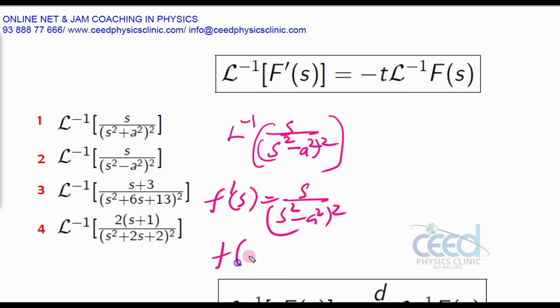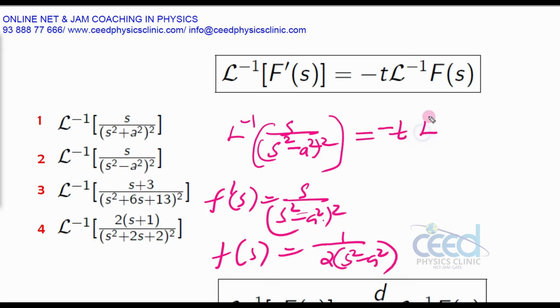So f of s, when you are integrating, the same thing, s square minus a square you can take as t, then 2s dt. So minus 1 by 2 only, there is a sign change, and we will have s square minus a square. And when you apply the Laplace inverse of this, that is equal to minus t into the Laplace inverse of f of s, that is minus 1 by 2 (s square minus a square), right?